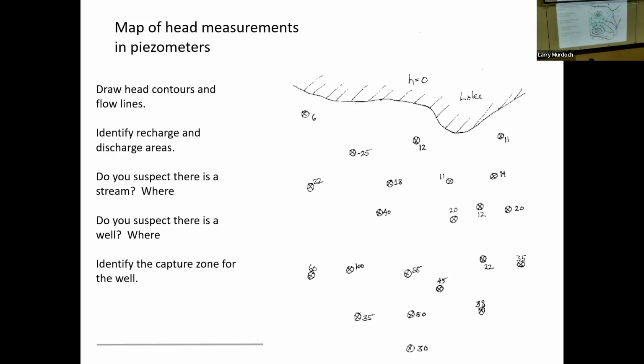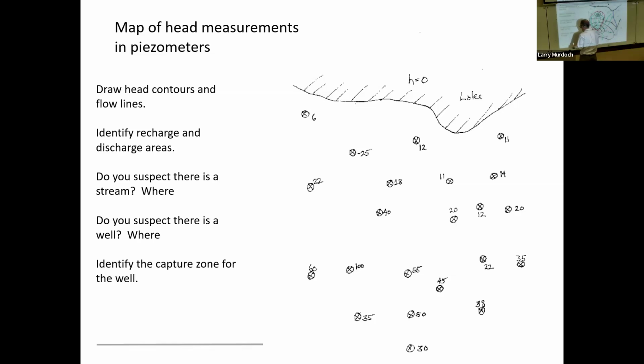So what we see from this is a pattern where all the recharge in here is going to go to the well. And it might actually go up a little bit further here.